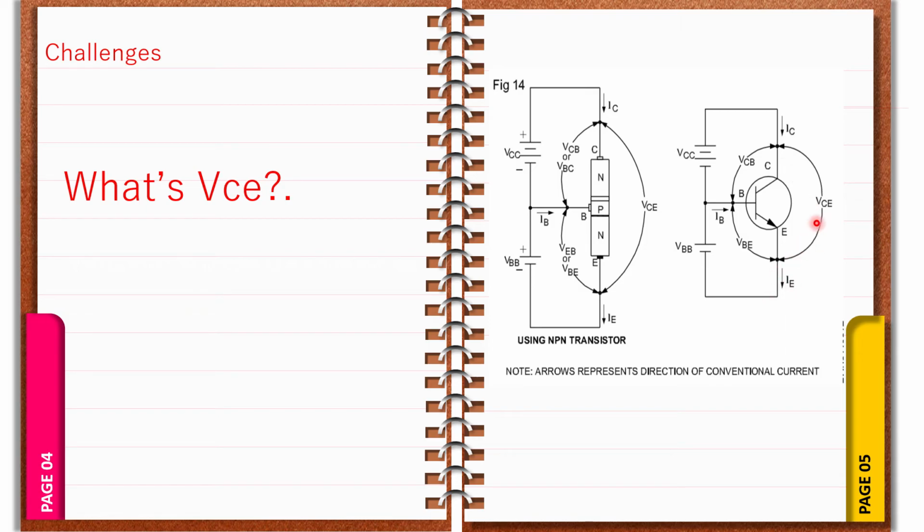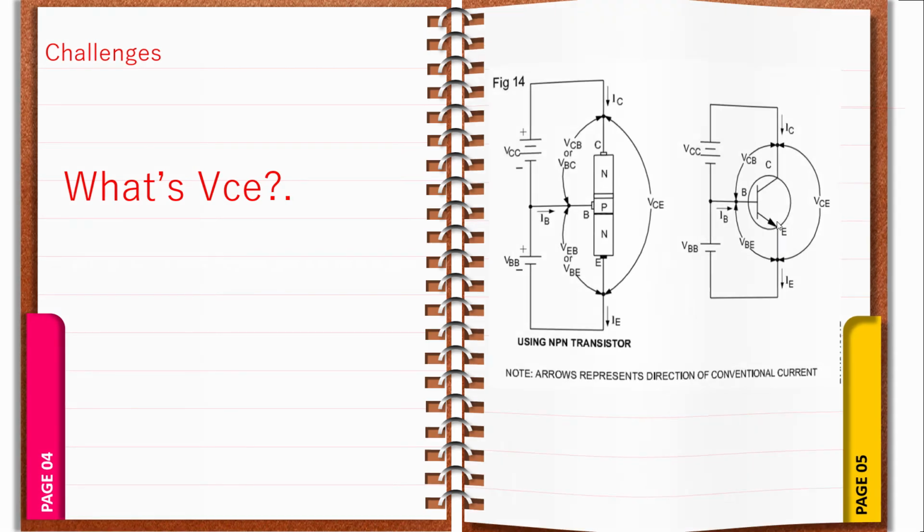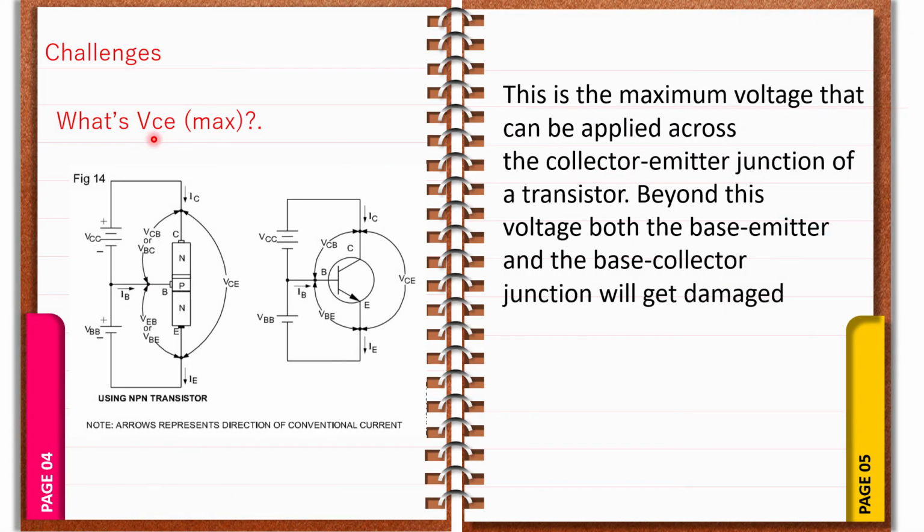This is also the same as I explained for VEB max and VCB max. Similarly, VCE max means the maximum voltage that can be applied across the collector emitter junction of a transistor. How much maximum voltage can I apply between the collector and emitter terminal without any damage or short circuit, without rupturing the circuit?